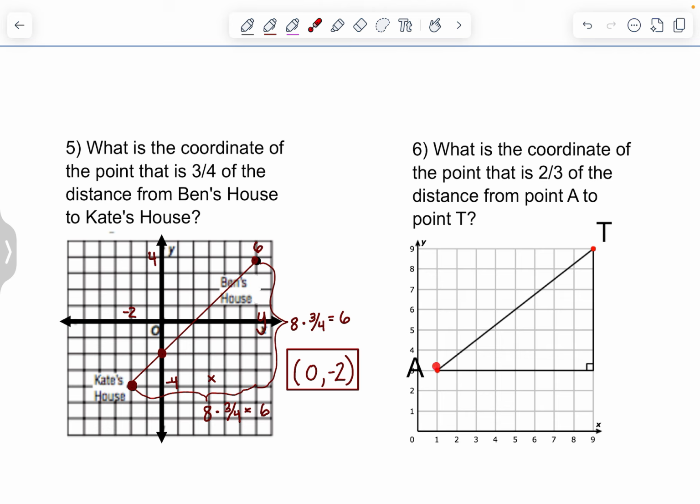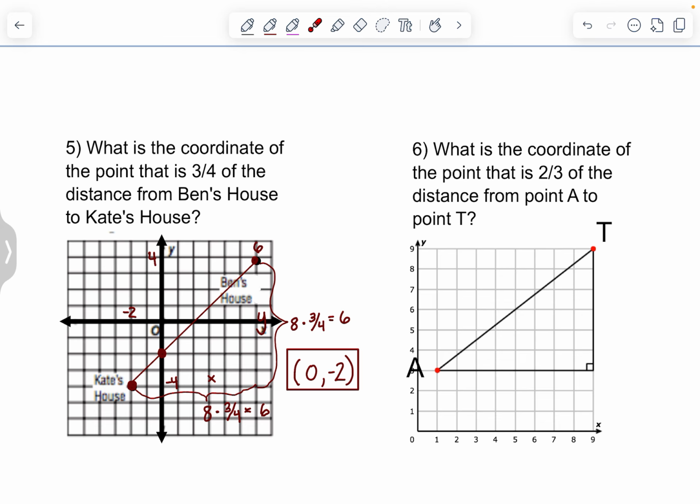So we're starting at A and we're going to T. All right, but we're not going to go the whole way. We're just going to go 2/3 of the way, somewhere around this area. But we need to find the exact spot.